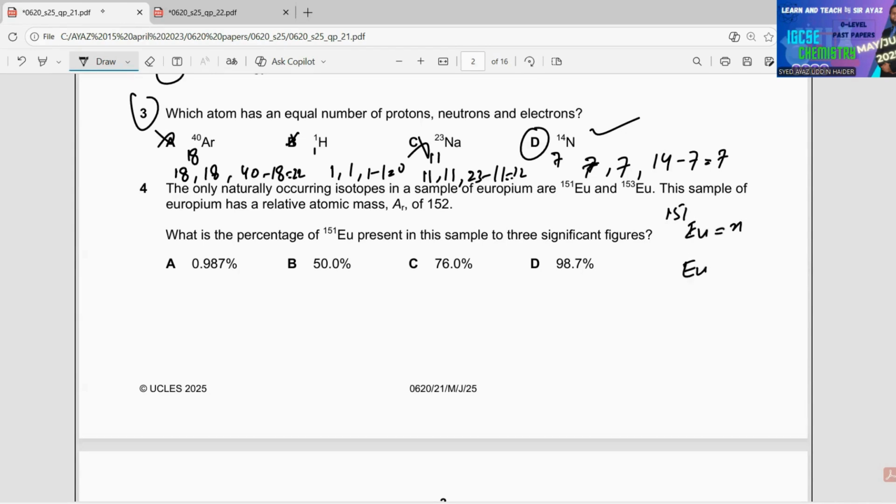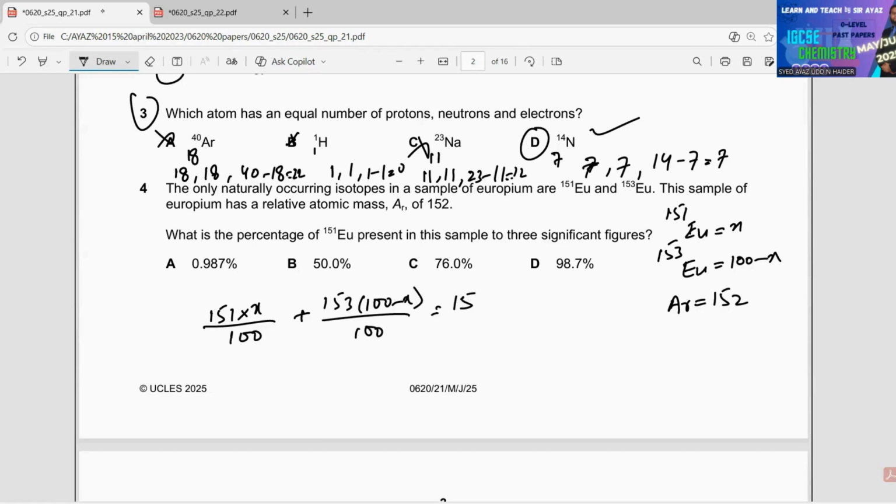So you have EU-153 as 100 minus X, and Ar is given, which is 152. For 151, multiply by X, so this will be the percentage. We have to divide it by 100, plus for 153, 100 minus X divided by 100 again, equals Ar 152.